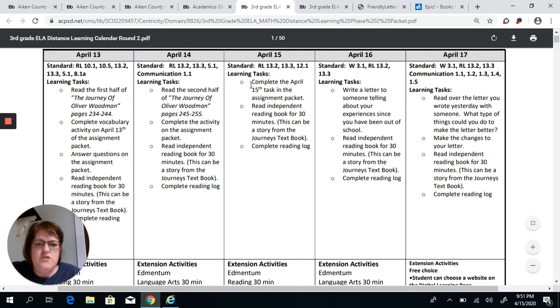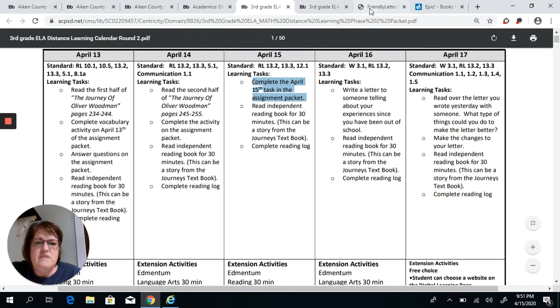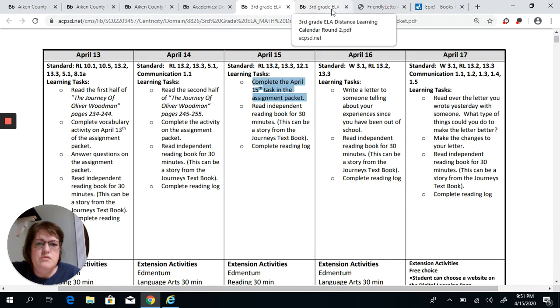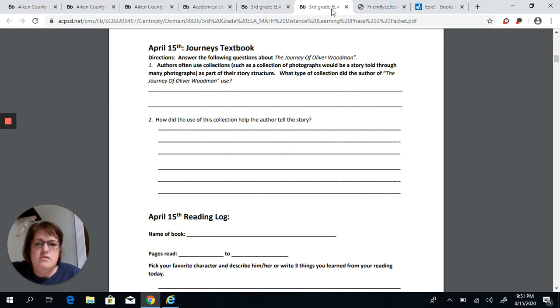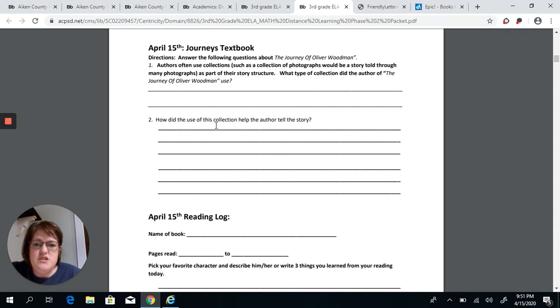So the first task for April 15th is to complete the April 15th task in the assignment packet. Now, when we go over here to your packet for April 15th, this is actually a continuation of the journey of Oliver Woodman.